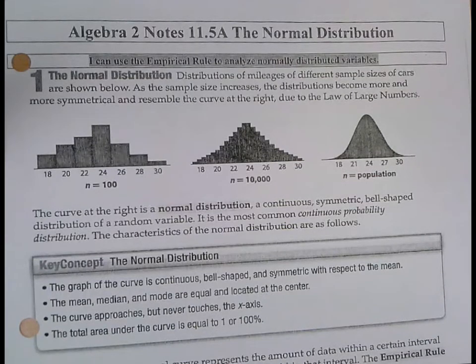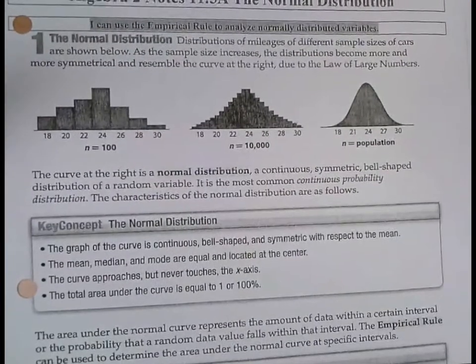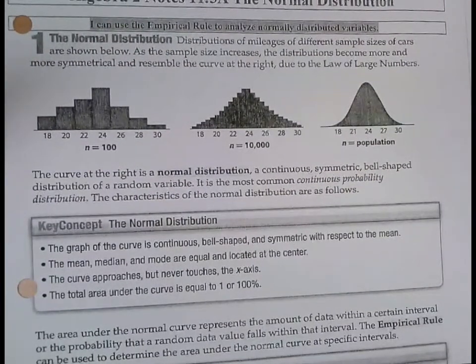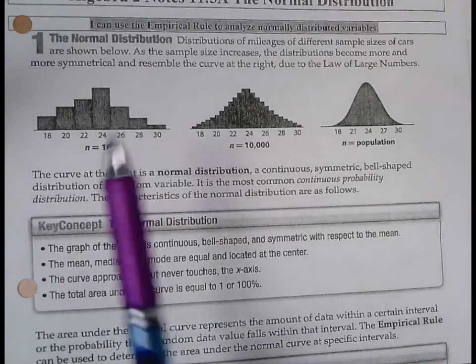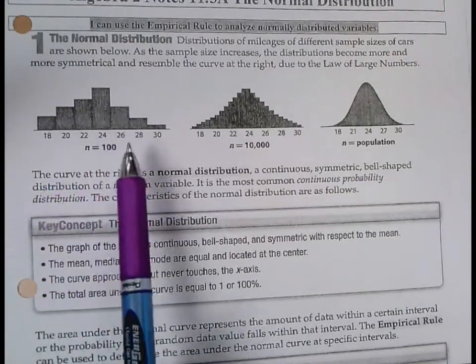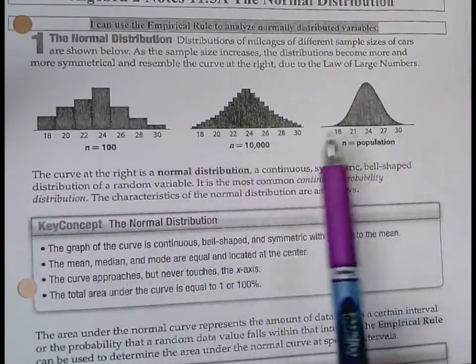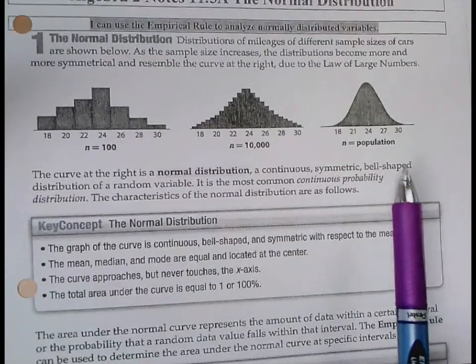So for a normal distribution, I just have some information before we actually get into examples. But as it says at the top, we have distributions shown here of mileages of different sample sizes of cars. So we have a sample size of 100 cars, 10,000 cars, and then an entire population of cars.